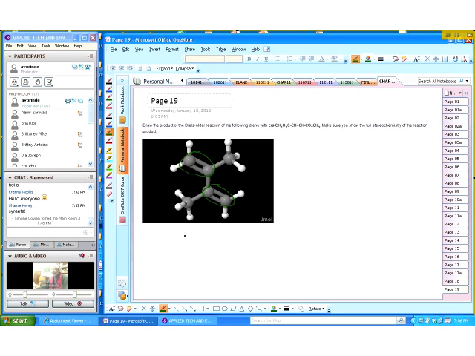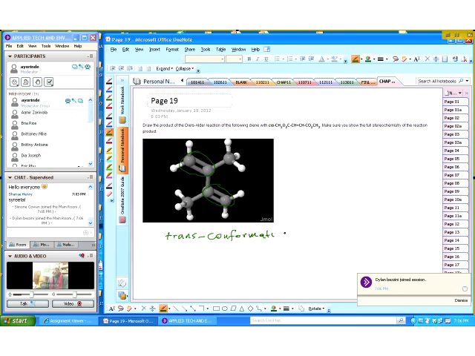So we say this particular conformation is what we call the trans conformation, with respect to the orientation of the double bonds relative to the carbon-carbon single bond.